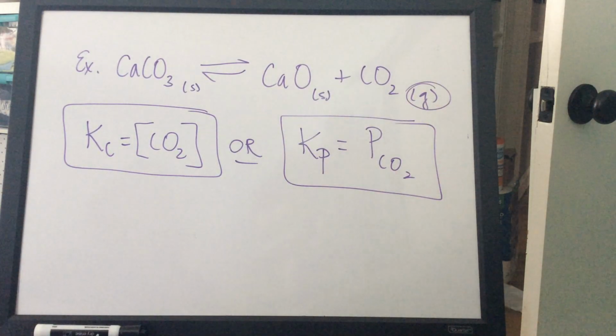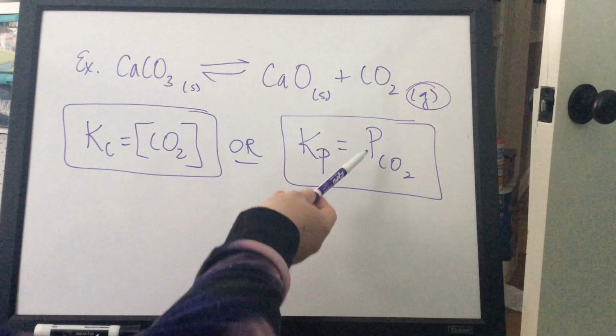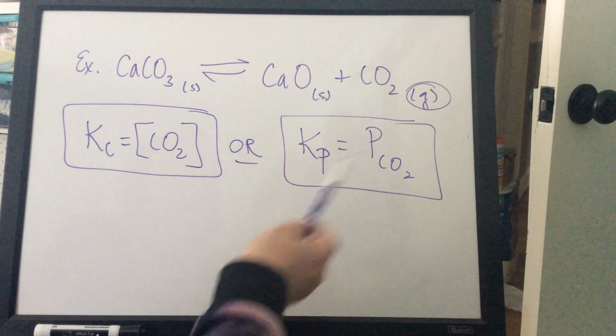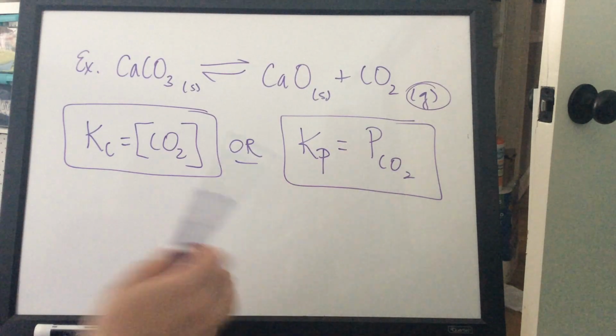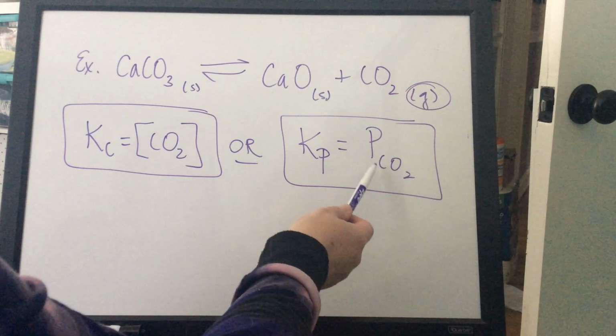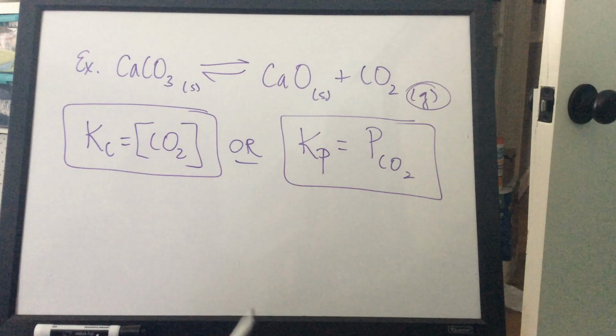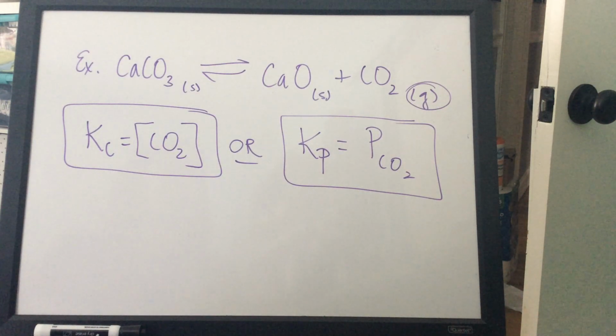So if you were to calculate the partial pressure of the carbon dioxide at equilibrium, what you in fact calculated is the Kp value, because the Kp is equal to the partial pressure. So that's one of those odd situations where the equilibrium expression really reduces down to just one thing.